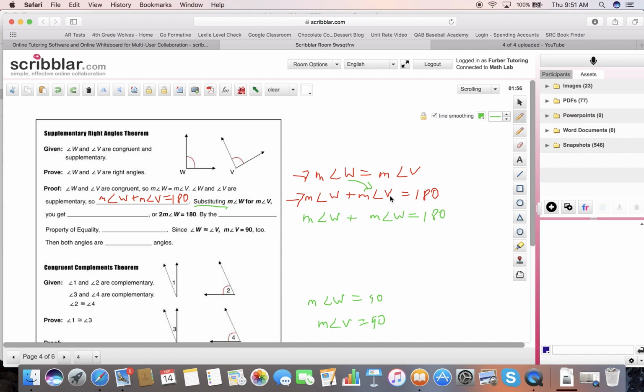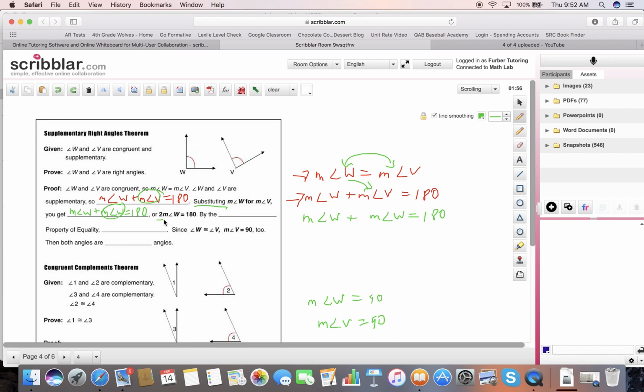I'm replacing the measure of angle V with the measure of angle W because I already know that they're equal to each other.